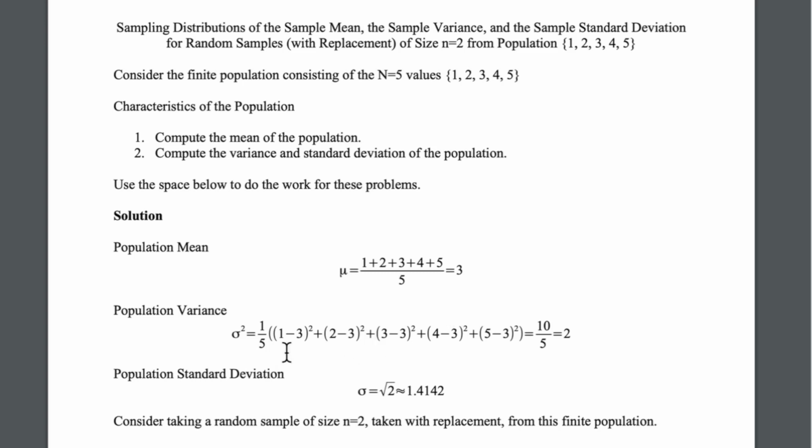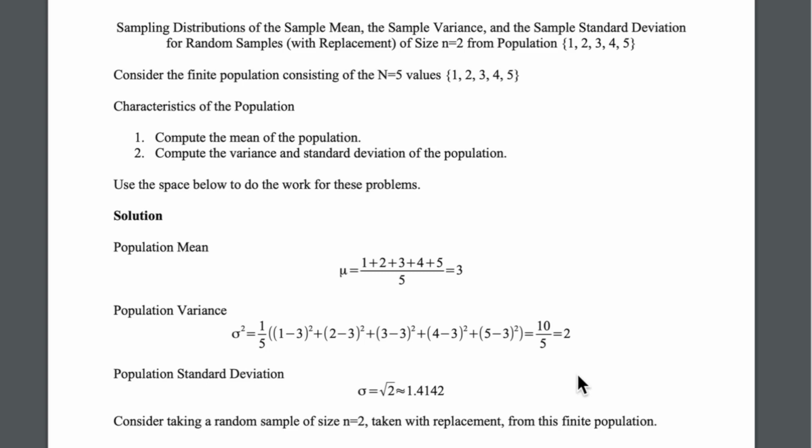And so we have 1 minus 3 quantity squared, plus 2 minus 3 quantity squared, plus 3 minus 3 quantity squared, plus 4 minus 3 quantity squared, plus 5 minus 3 quantity squared. All right, and then we divide that sum by 5 because that is the formula for the population variance. We divide by capital N, all right? And so we get a value of 10 over 5, or 2, for the population variance.